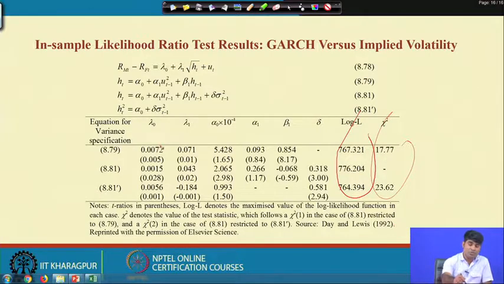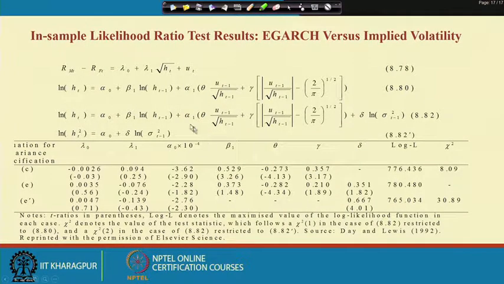We would like to check whether these parameters are statistically significant, which means the volatility component will be very useful for predicting engineering variables. And if you extend these models, we have plenty of results, that is the extension to EGARCH versus implied volatility.